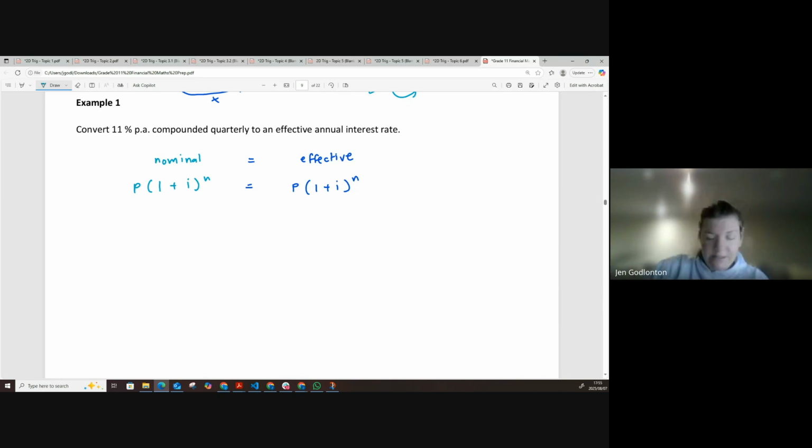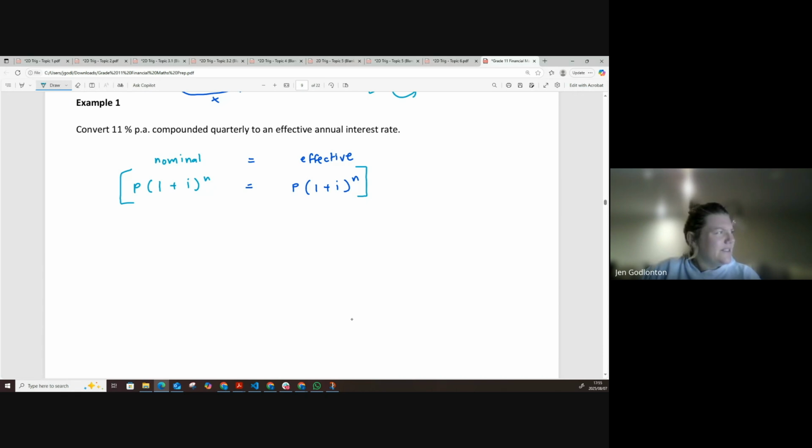What does this line over here essentially mean? Yeah, they're equal.